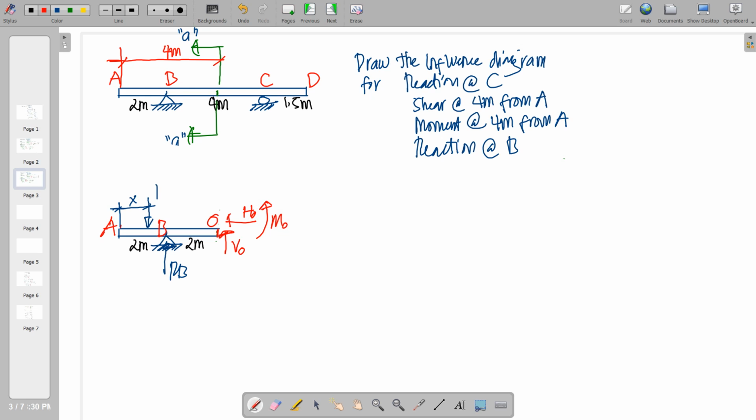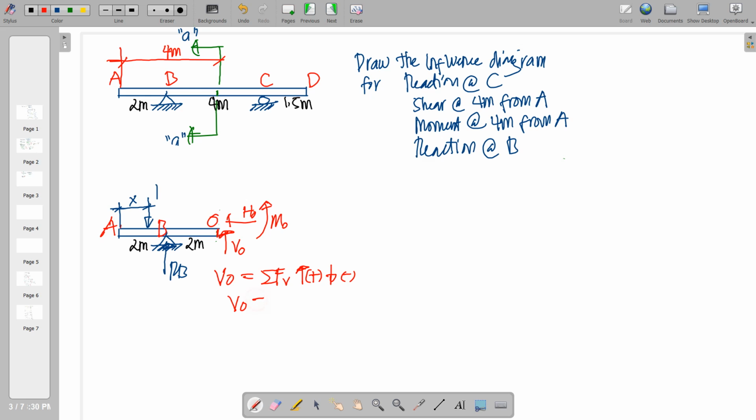Okay, so VO is just simply equal to the summation of forces along the vertical. We'll just have to stick with this rule: if we have an upwards force, that is denoted by positive, and a downwards force will now be denoted by a negative sign.